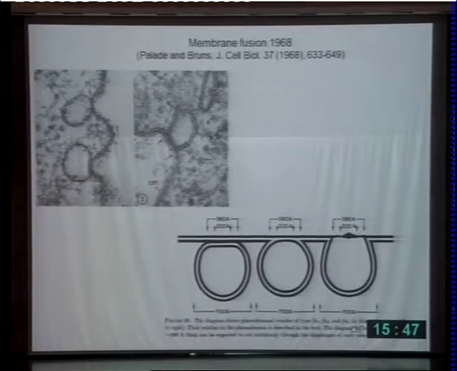I mean, you also see that these were different times, because this was a paper in Journal of Cell Biology, figure number 28, and try to publish a paper with 28 figures in Journal of Cell Biology nowadays. I think you will not have much success.